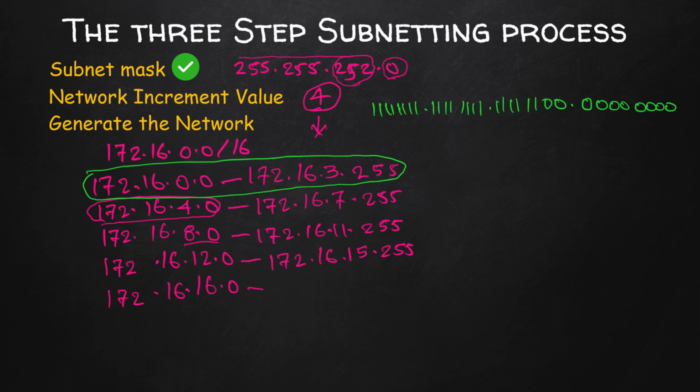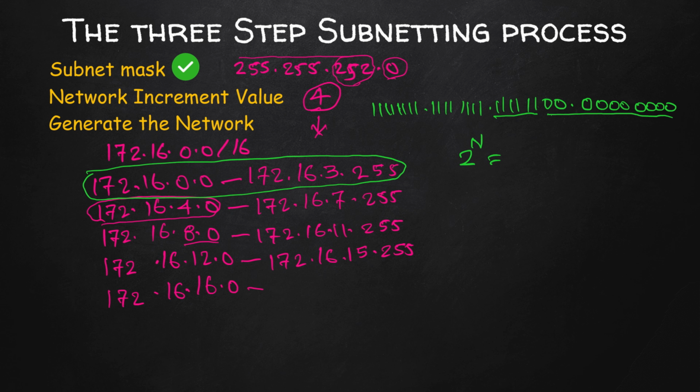To find the number of networks, we can use the formula 2 to the power of n, where n indicates the number of network bits. The number of 1s indicates the network part and the number of 0s indicates the host part. So to find out how many networks you can get using this subnet, count the number of 1s. Here how many 1s are there? 1, 2, 3, 4, 5, 6.